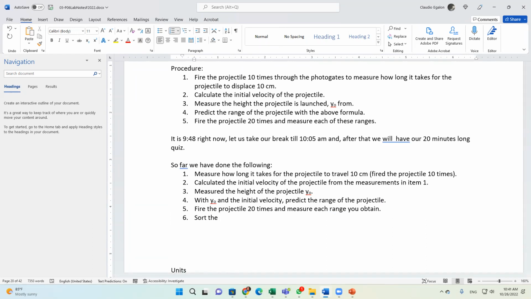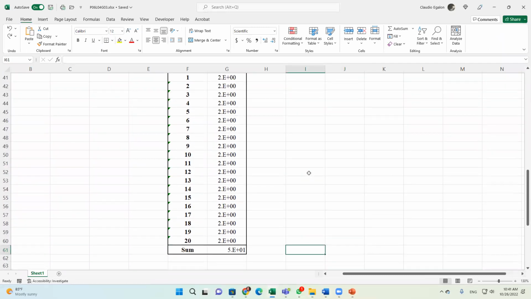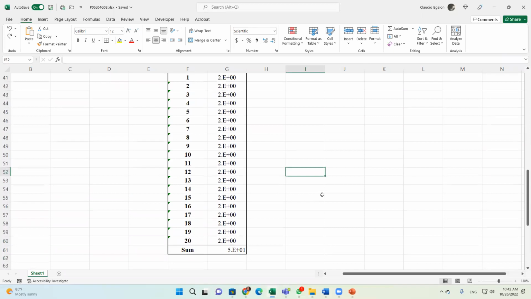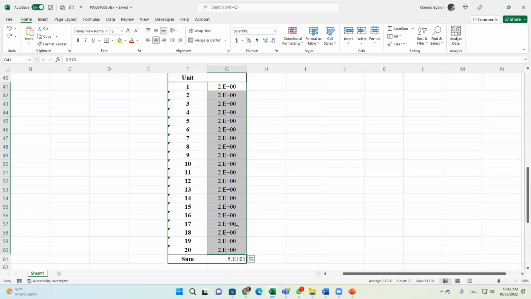Sort the 20 measurements of the range from the lowest value to the highest value. You do the sorting. And how do you do that? You can either do it manually on the side, or you can do it using Excel itself. Whatever you feel is more convenient for you.